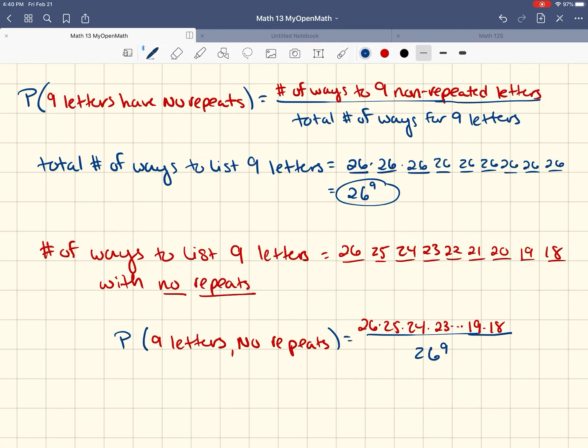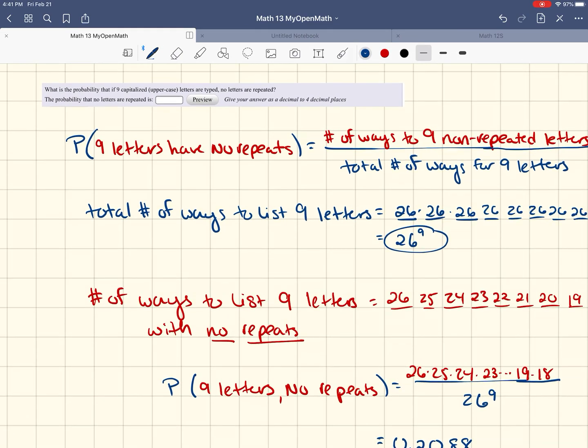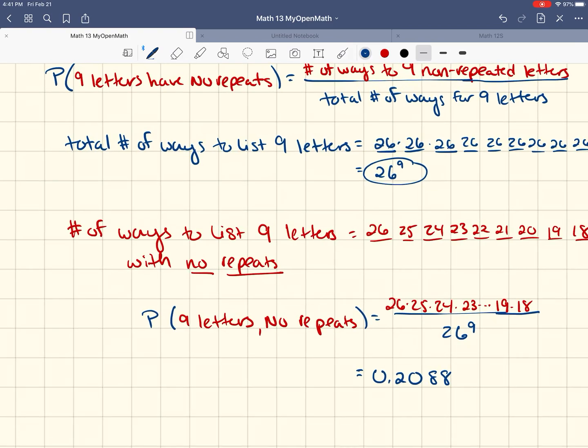Let me double check I entered that in right. Nope. Little mistake there. Divided by 26 to the 9th. When I plug that in, I got 0.2088. It says give your answer to 4 decimal places. So I got 2, 8, and so on.